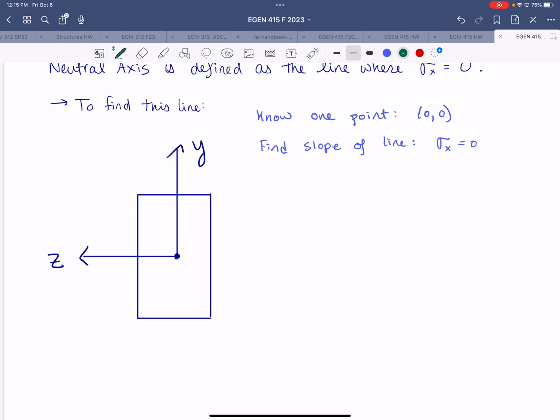So we'll choose an arbitrary point in the positive YZ quadrant, a general YZ point which the neutral axis will pass through, and we're going to solve for that slope.